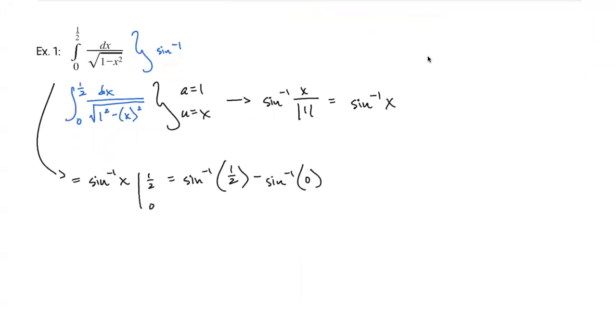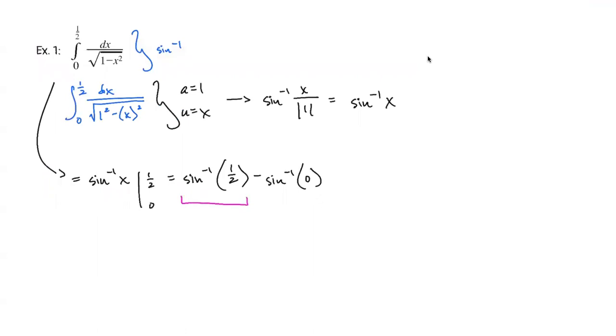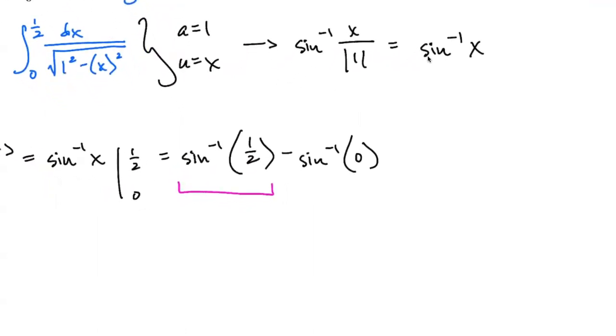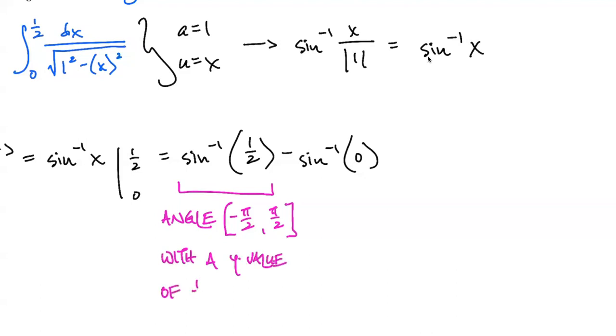This inverse sine of 1/2 is really asking us to find an angle that is between -pi/2 and pi/2, right? So we're looking for an angle, but it has to be between certain values with a y value of 1/2.